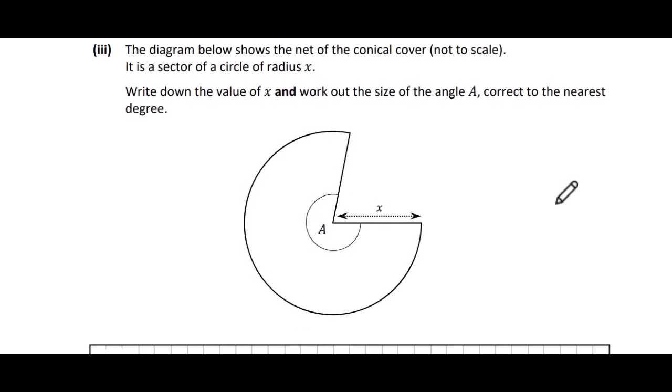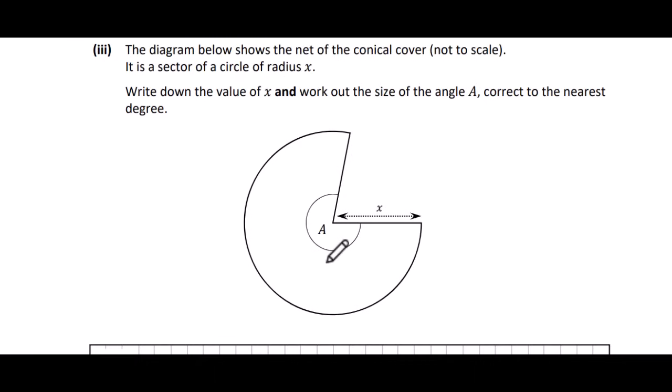Okay, next one. The diagram below shows the net of the conical cover, not to scale. It is a sector of a circle of radius x. Write down the value of x and work out the size of the angle A correct to the nearest degree. Now, if you imagine that this is the net of the cone, we would need to join that up to that to make a three-dimensional cone.